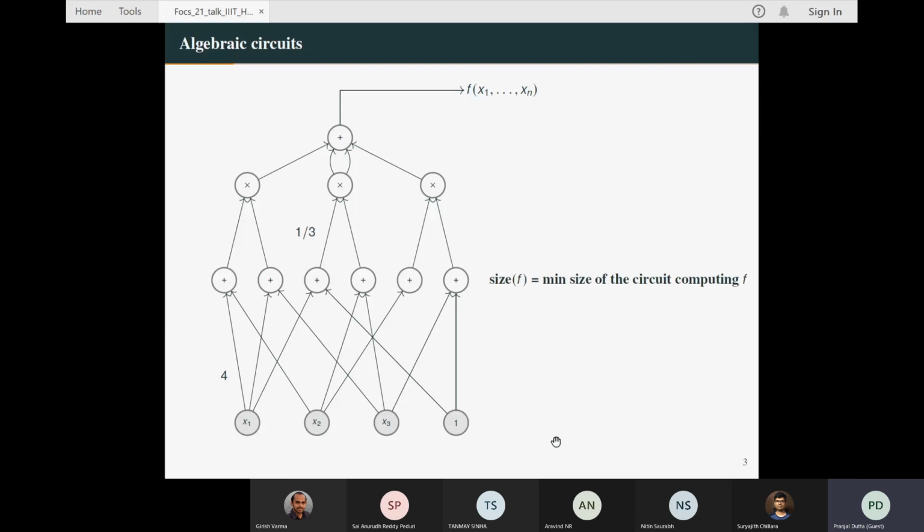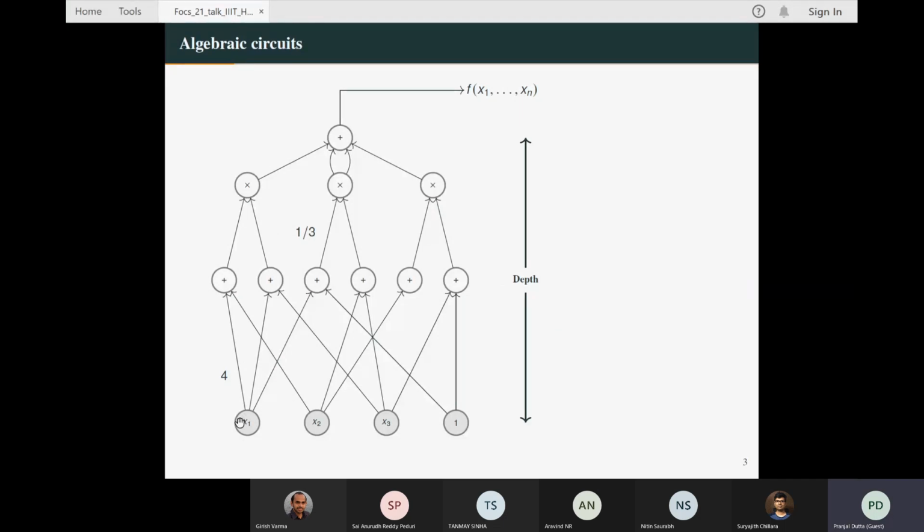So this is the size of the circuit, and the size of the polynomial f is essentially the minimum size circuit computing f. There could be many circuits computing the same polynomial f, and we want the minimum size over all the circuits. That is the size of the polynomial. So this is one important measure. And the third is the depth.